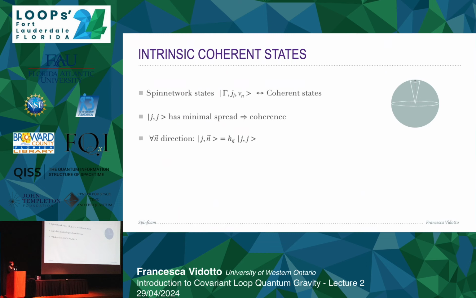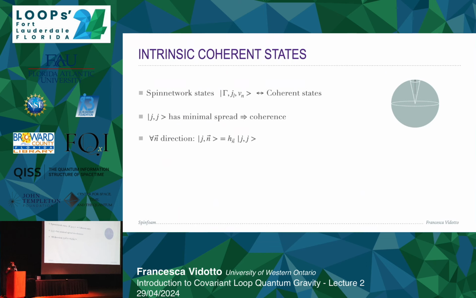You define them so that you minimize the spread in those two variables. And you want to do the same here, where your position and your momentum are basically area and curvature. For the moment, we want to define intrinsic coherent states. So we just think of these polyhedra, and each of them has a spread in the area, and I want to see when the area is maximally peaked.